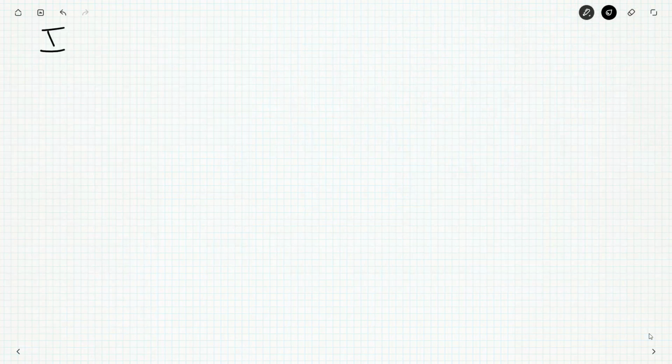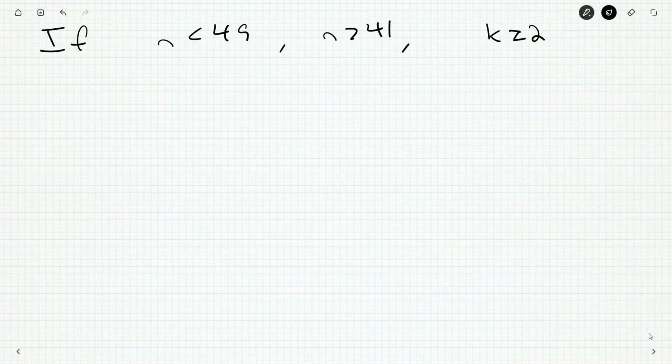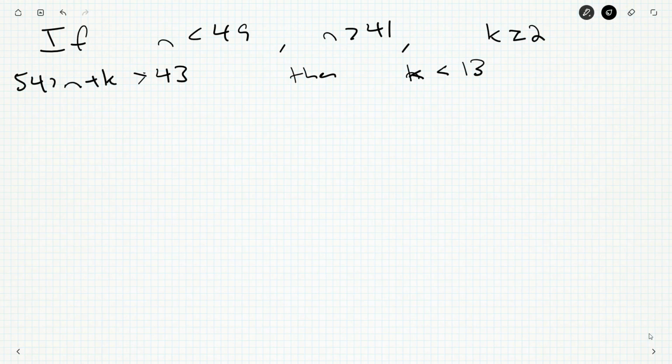now let's say n is less than 49, n is greater than 41, and k is greater than or equal to 2, and then if n plus k is less than 54, which must be greater than 43, then k is no bigger than 13.